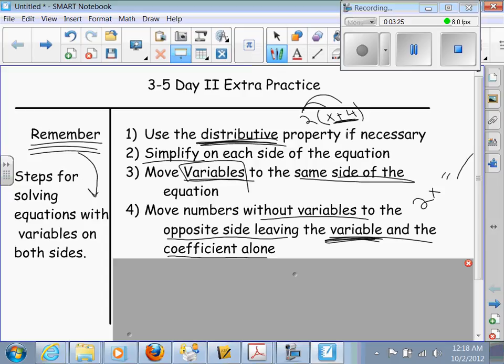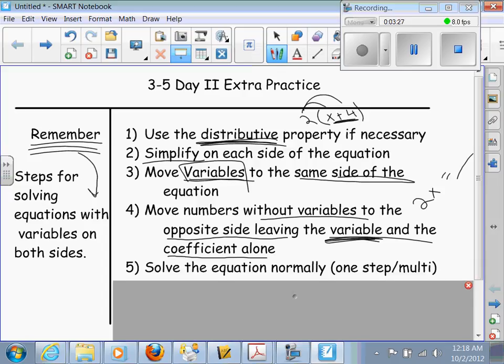Step 5 is to solve the equation normally. Once you are finished with steps 1 through 4, you will have a one-step equation or a multi-step equation to solve. Once you get to that point, you're going to solve it just like we've talked about in the past. Reverse order of operations to solve.